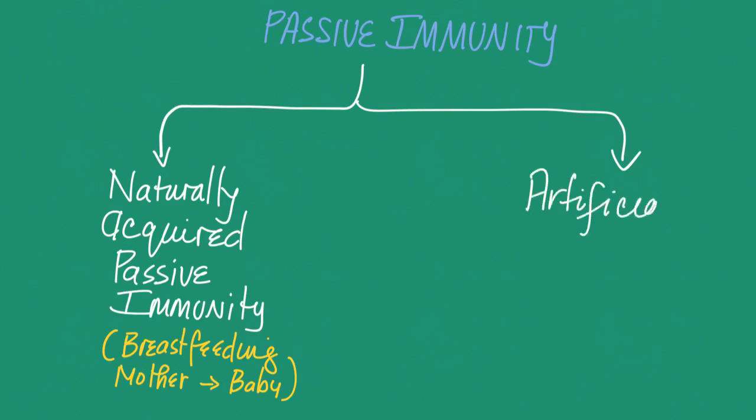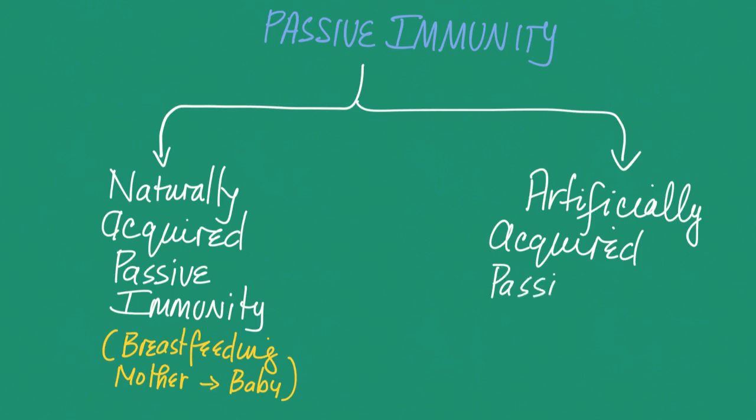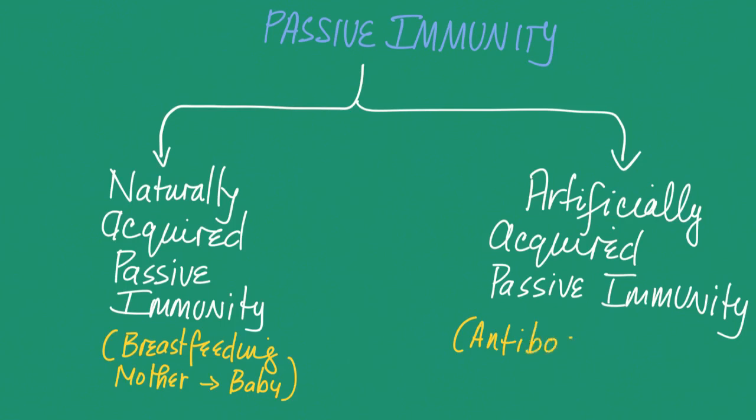The artificially acquired passive immunity is almost given as an emergency measure when a patient has been exposed to a very dangerous pathogen. A good example of that is COVID. When a patient is showing severe COVID symptoms, they are sometimes given antibodies to COVID, anti-COVID antibodies, and these provide protection to the patient in the short term.